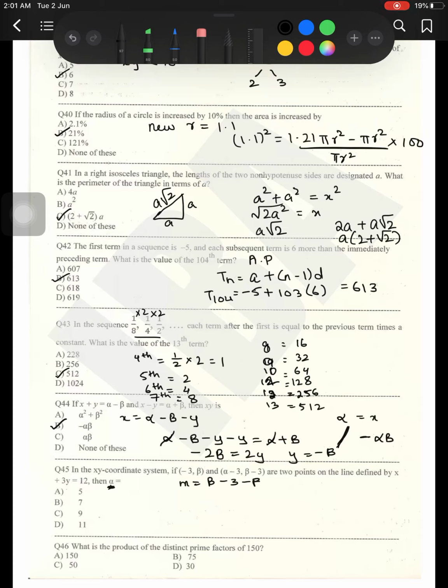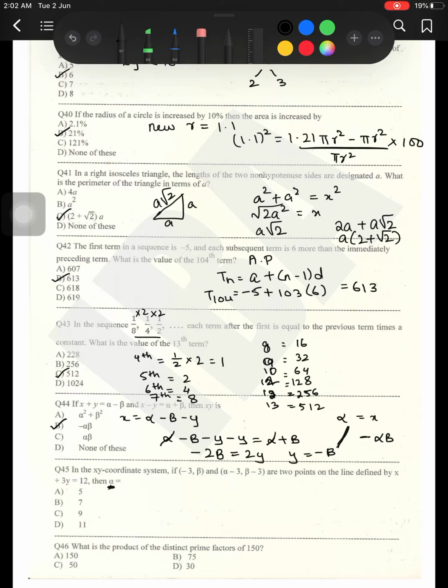So we'll find out the gradient first of these coordinates. Oh, I'm sorry guys, I made a mistake.